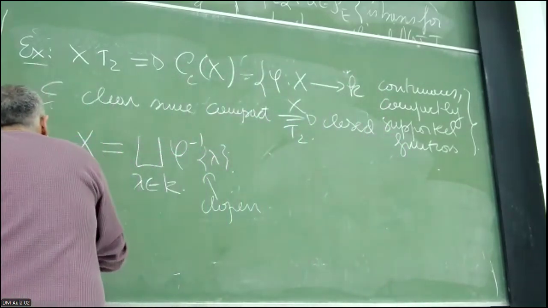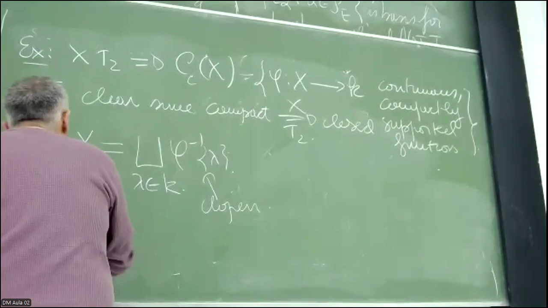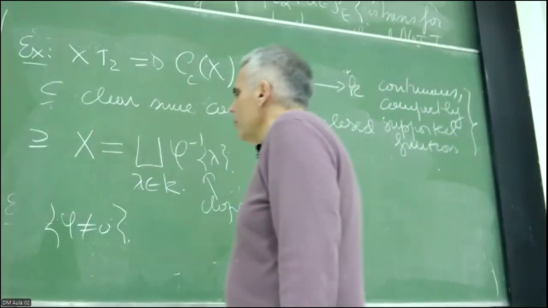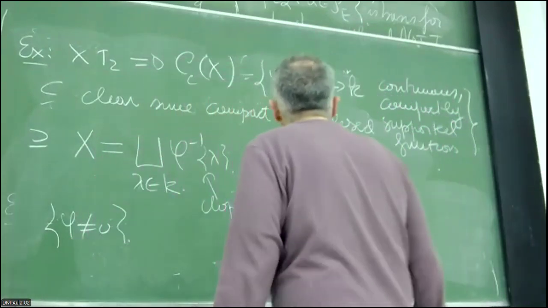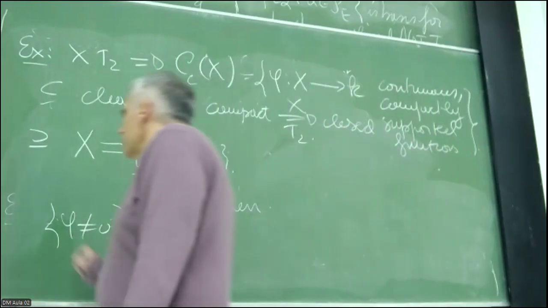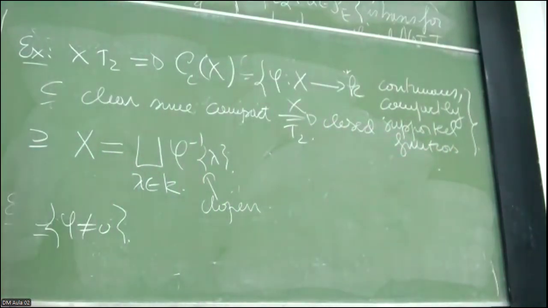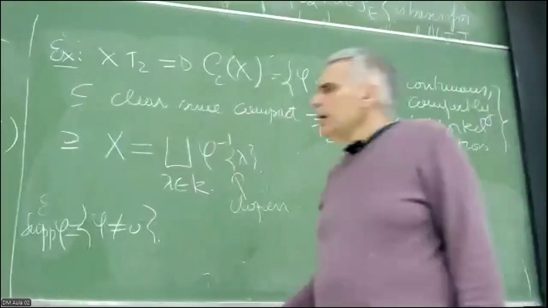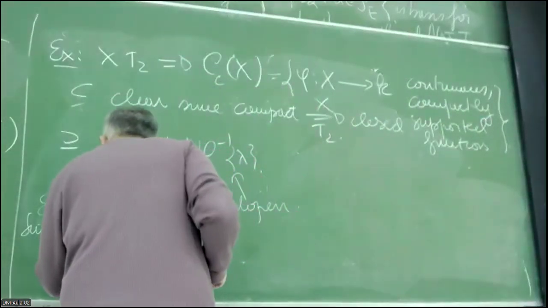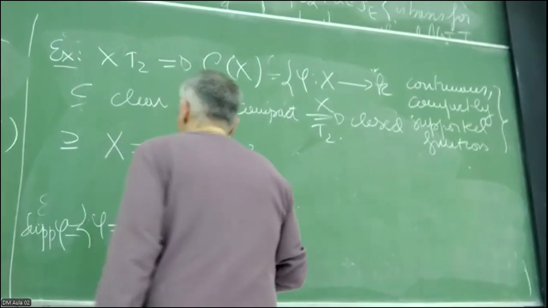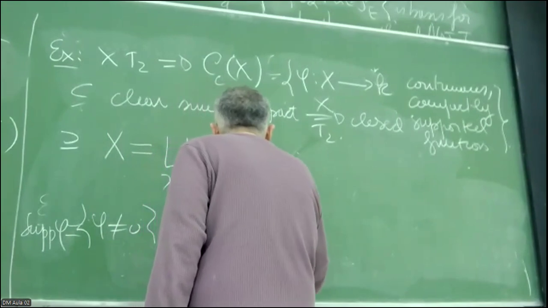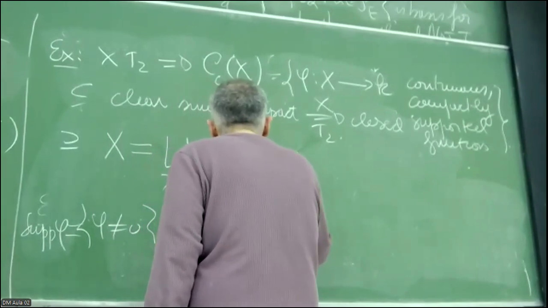So the set where phi is non-zero, whether phi is continuous or not, we will refer to this as the support of phi. So it's always the open support. It need not be closed in general, but if phi is continuous, it is closed. So this is the union for lambda non-zero of phi minus 1 of lambda.